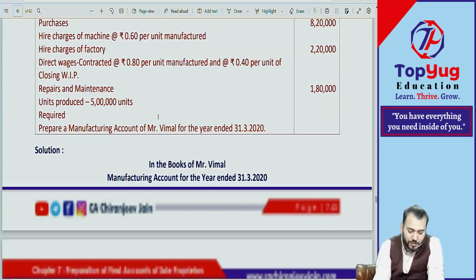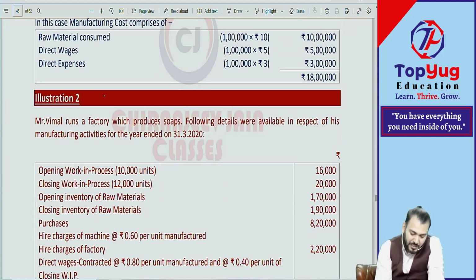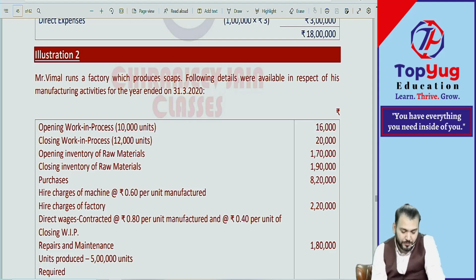Which question? Let us come to first illustration number 2. Mr. Vimal. You know Vimal? Which Vimal?